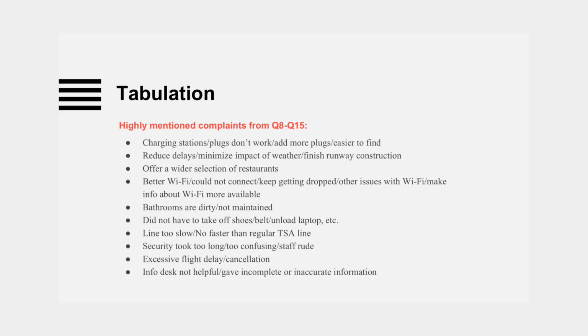Then we use tabulation to find out what premium customers complain about most. There are also complaints about the Wi-Fi, the parking lots, unclear information, security taking too long, and information desks not being very helpful.